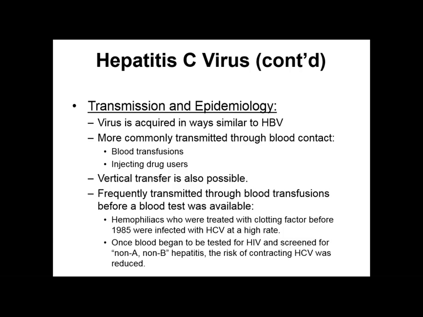Hemophiliacs, individuals that needed to receive regular blood transfusions, were treated with clotting factor before 1985, had a very high infection rate of hepatitis C virus, because back in 1985, the blood that was donated was not tested for the hepatitis C virus. Once the blood began to be tested for the human immunodeficiency virus, HIV, and screened for non-A, non-B hepatitis, the risk of contracting hepatitis C was also reduced as well.